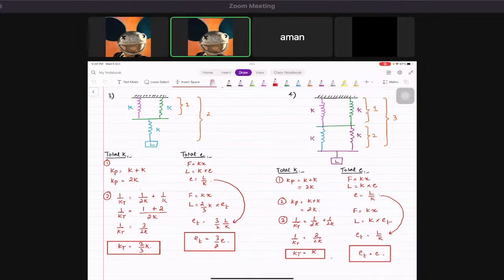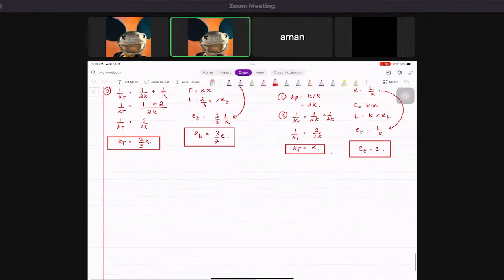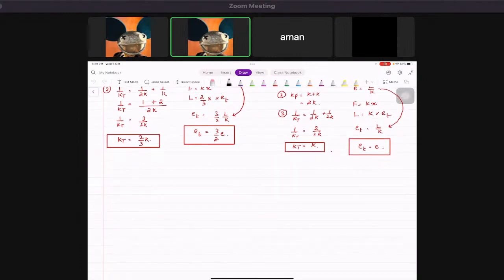So now we're going to move forward and let's start off with the definition of elastic limit. Okay.